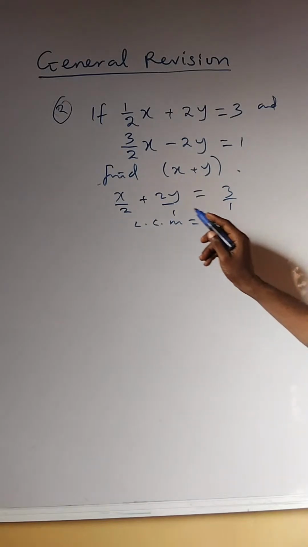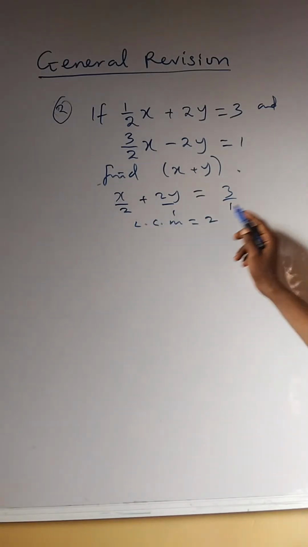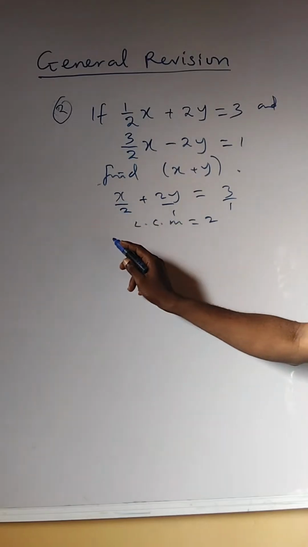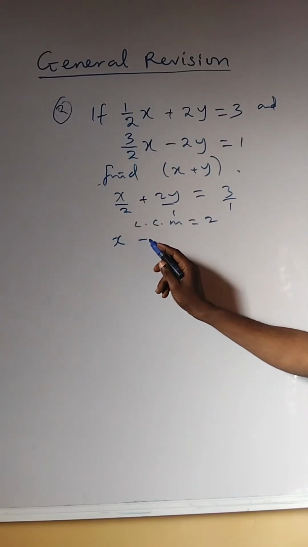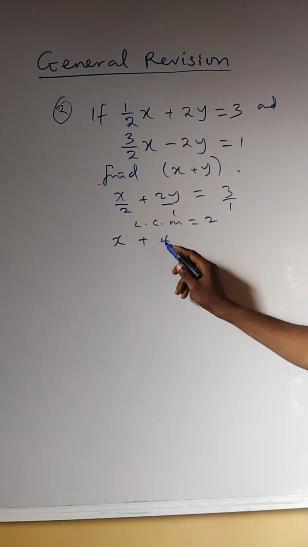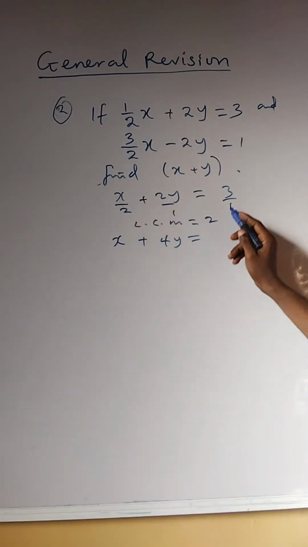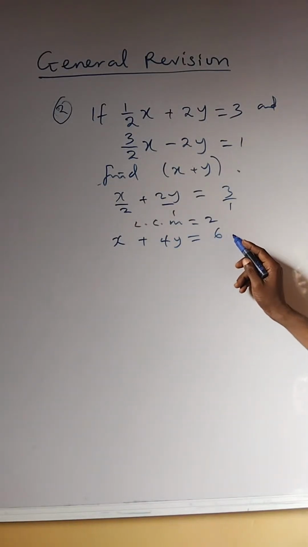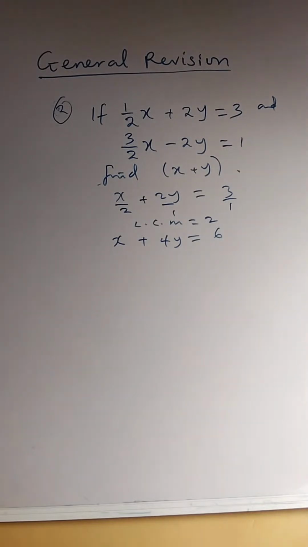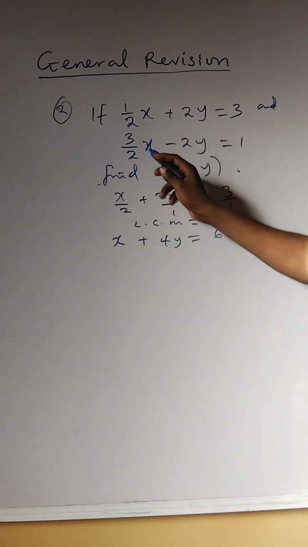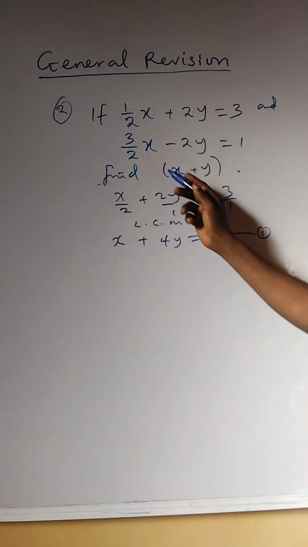So we can clear this fraction and multiply this through by 2. So this becomes x, then plus 4y equals 6. We can say this is our equation 1.